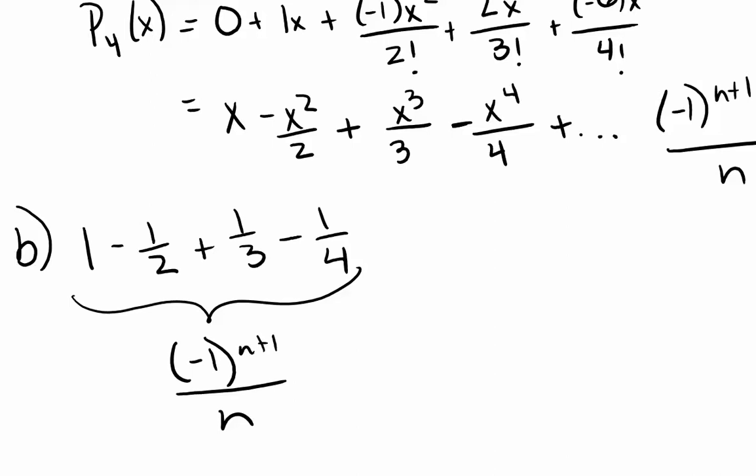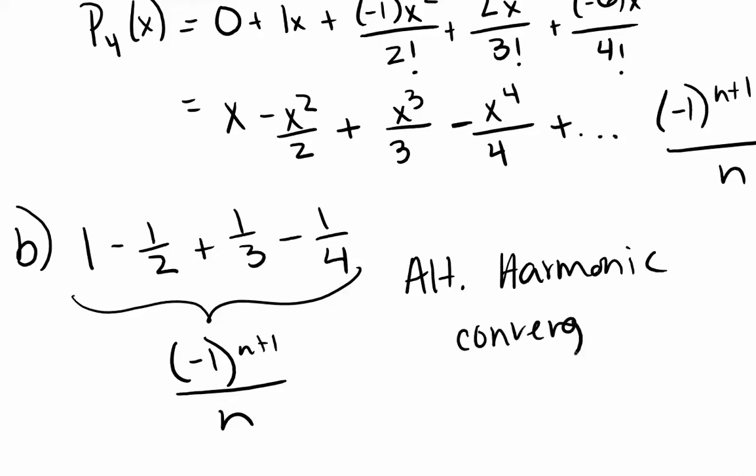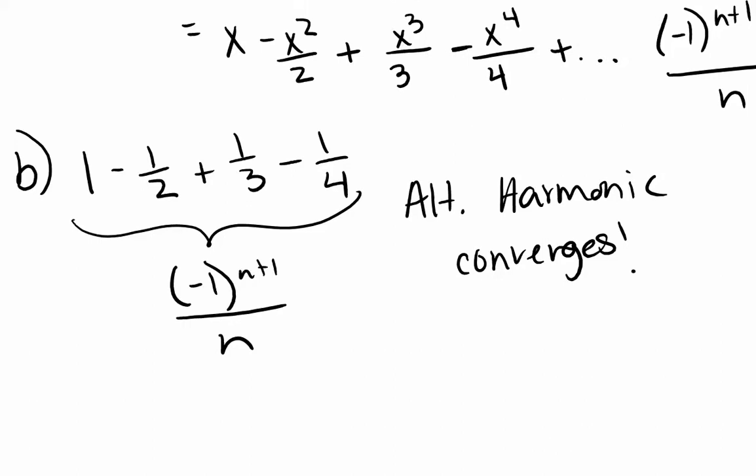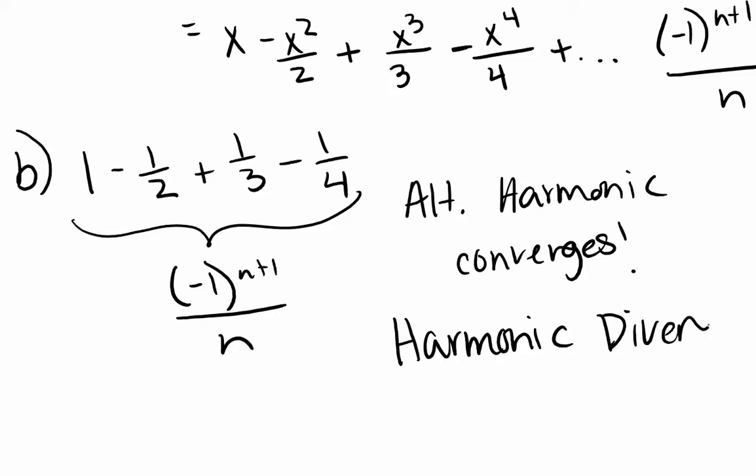And we know that the alternating harmonic series converges. We can see this because it is an alternating series with the terms getting smaller. But we also know that the harmonic series diverges.